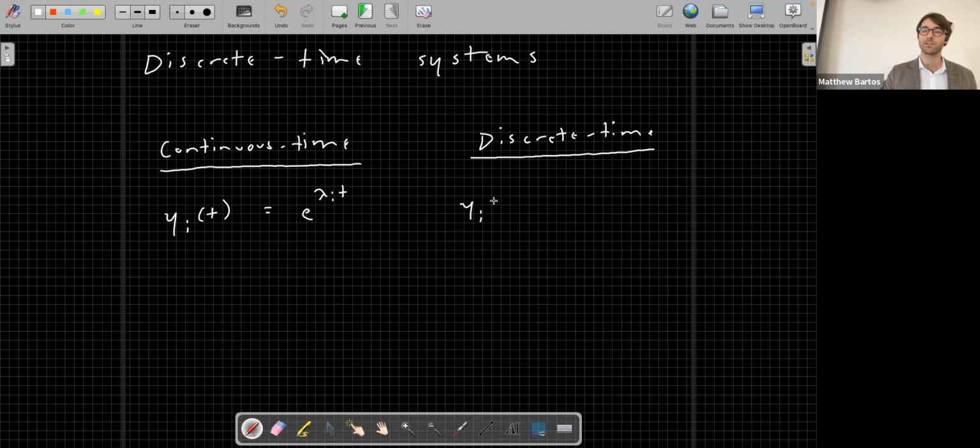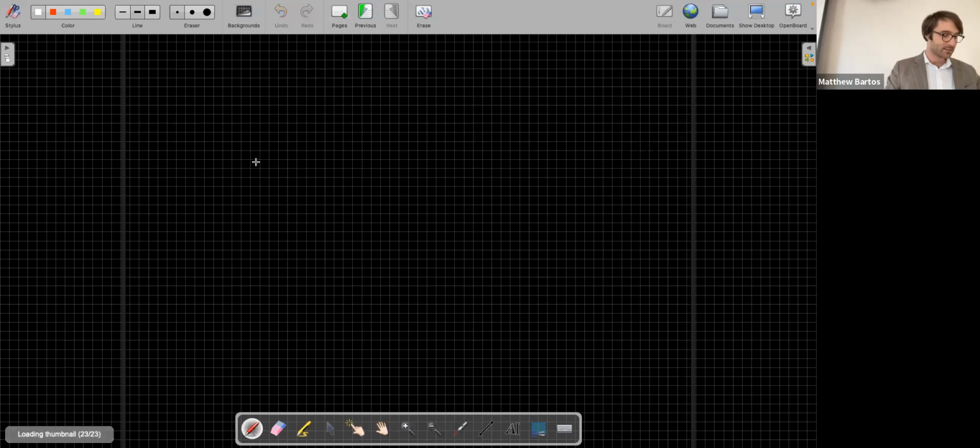You'll have the solution corresponding to the root equal to lambda i to the kth power. Okay, so instead of using the exponential function, it will be the root evaluated to some exponent. Okay, so just keep this in mind. When you're working on discrete time problems, the logic is analogous, but the actual form of the root itself will be slightly different. Okay, and let's just go through an example of a discrete time system because I didn't get to it last time. And I just want to make it clear.